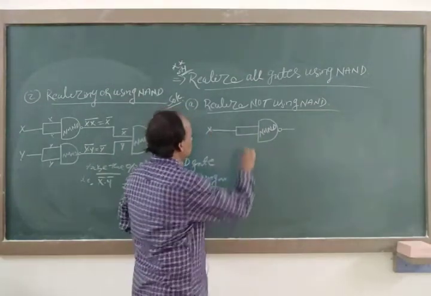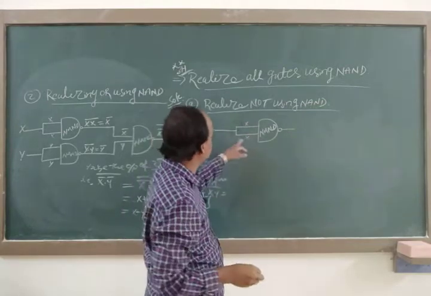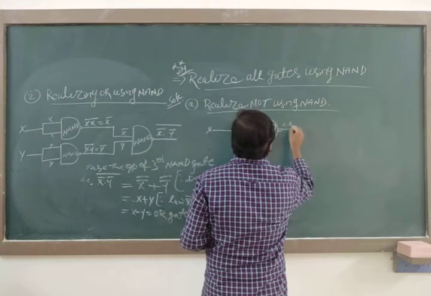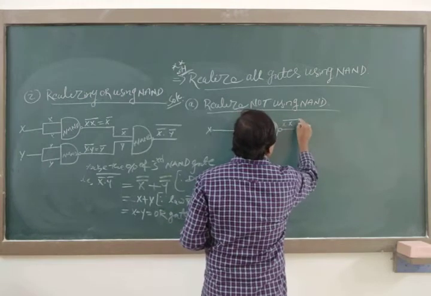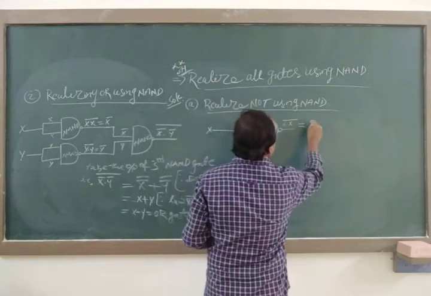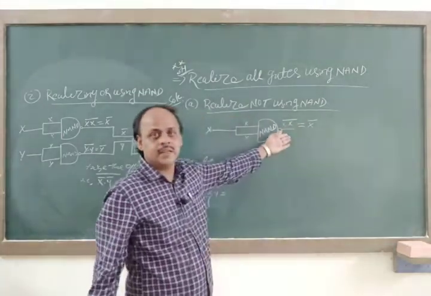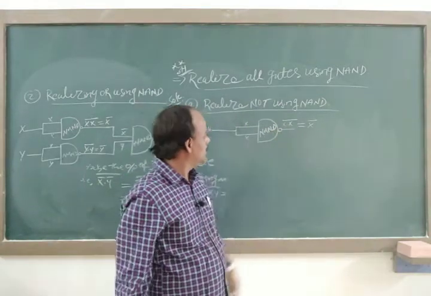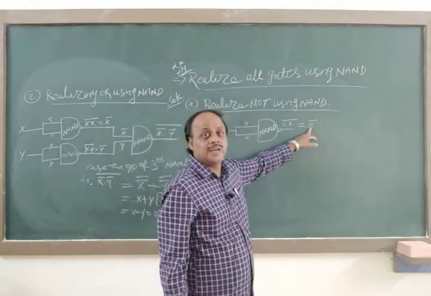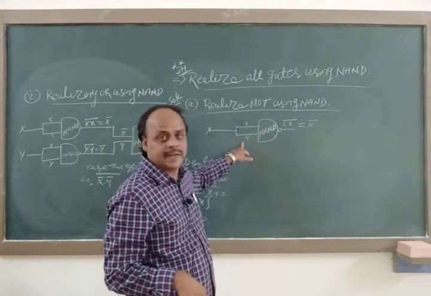When this input passes this side as well as this side, what are we getting? x into x whole bar, which will be equal to x bar. So directly we are getting x bar, which means we realized NOT using NAND.